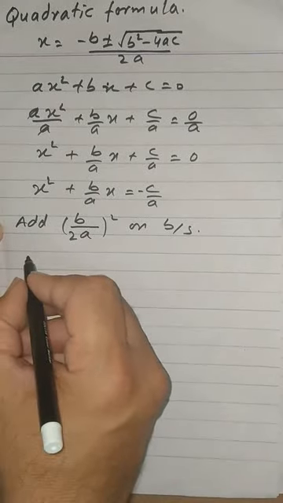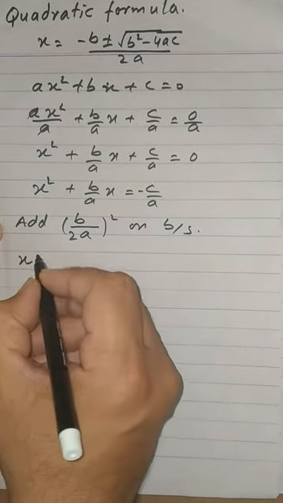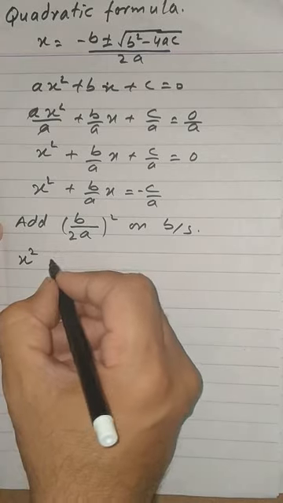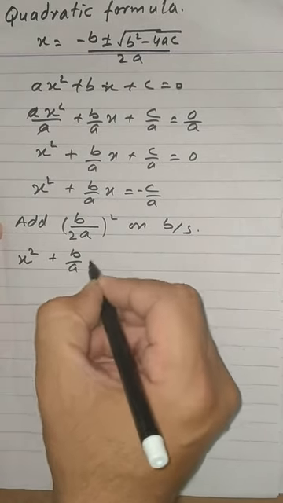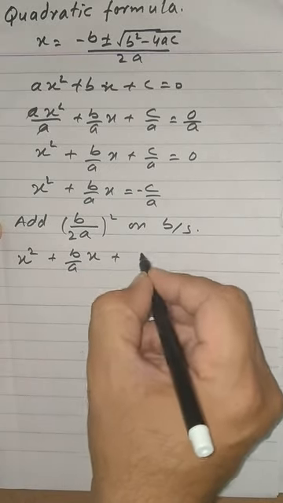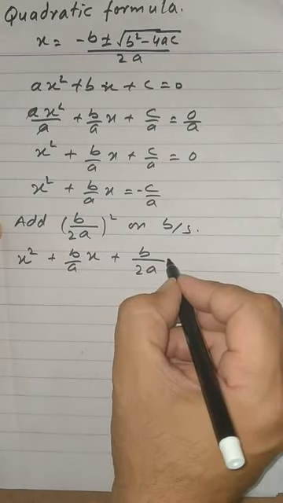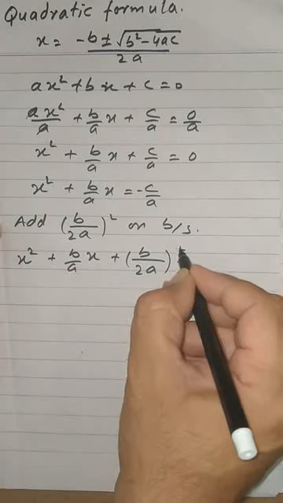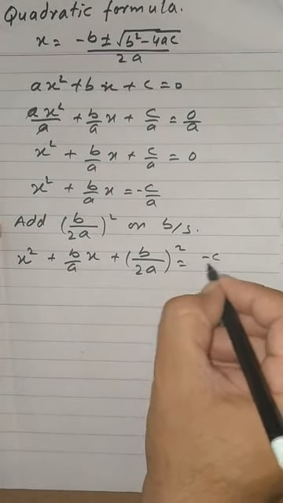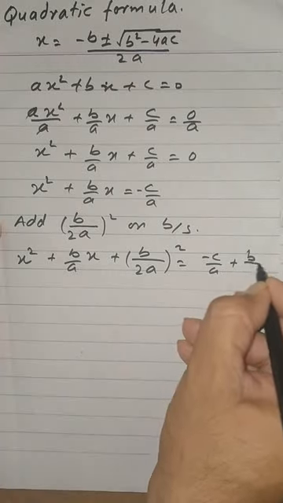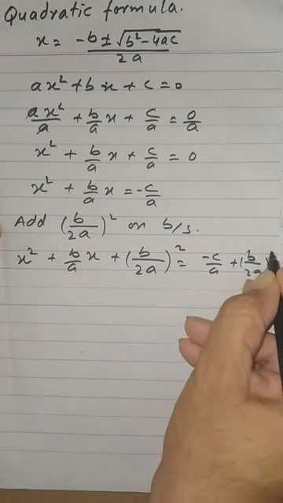So we get here x square plus b divided by ax plus b divided by 2a whole square equals minus c divided by a plus b divided by 2a whole square.